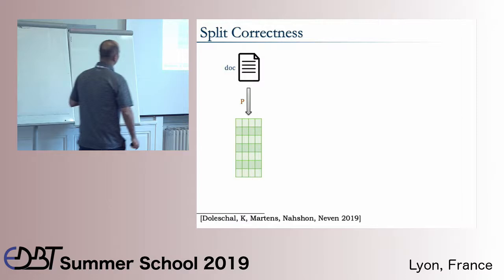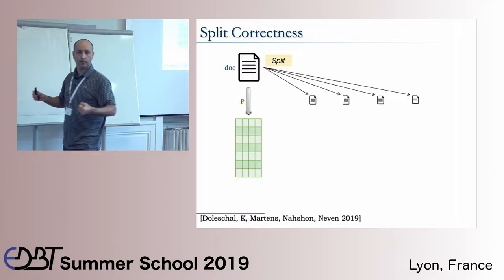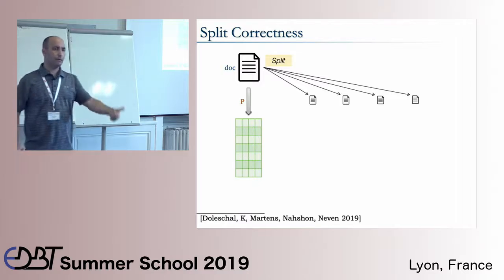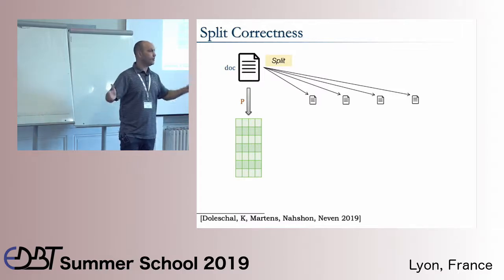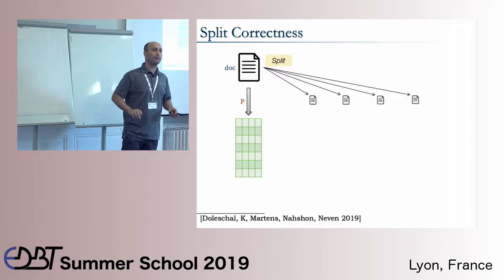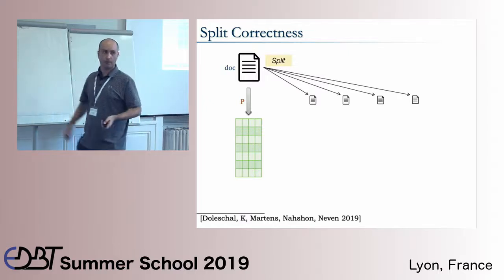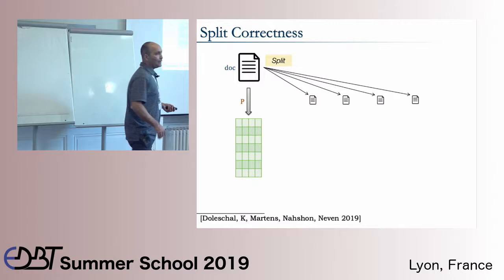Now you can think of the situation where you have a split of this document into logical fragments, spans, like sentences, paragraphs, or if it's a log of an HTTP engine, a web engine, a split into the different messages, requests, and so on.